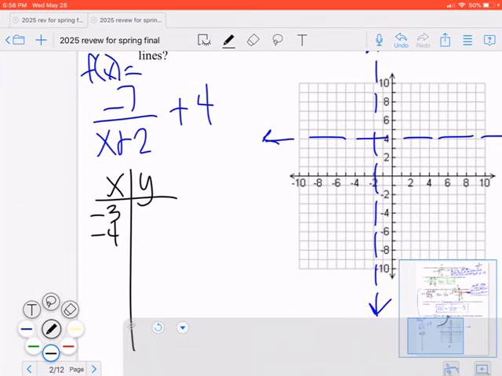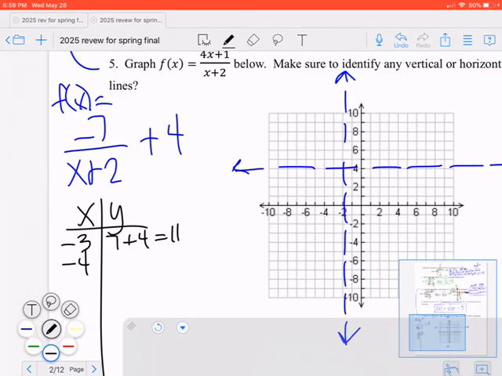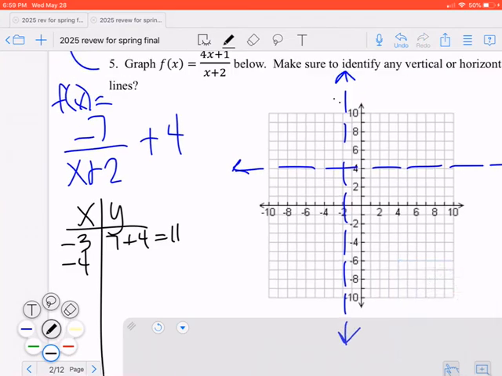So if I plug in negative 3 where the x is, that would say negative 7 over negative 1, which is 7, and then plus 4 is 11. So right about right there. Maybe that's a little high. That's okay. Plug in negative 4. Negative 4 plus 2 is negative 2.